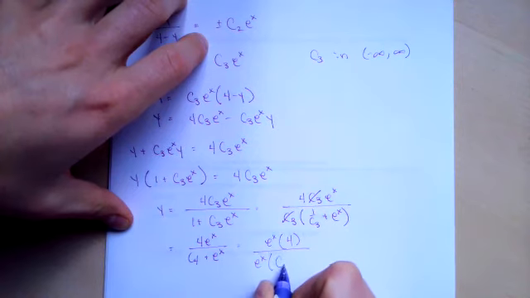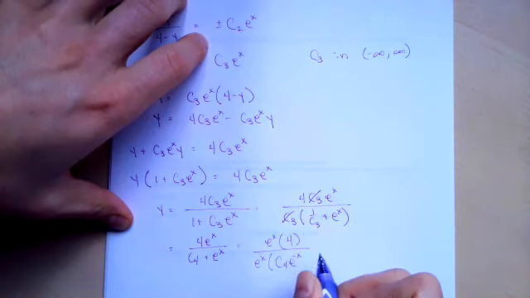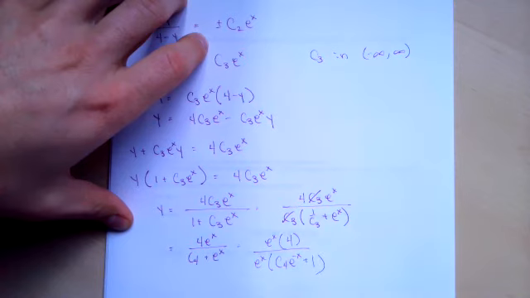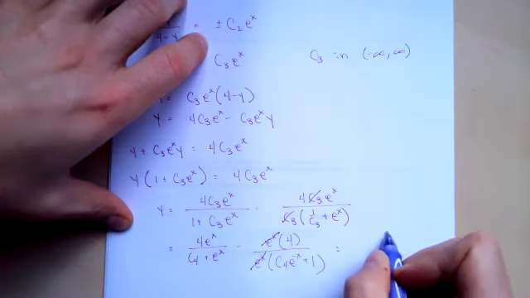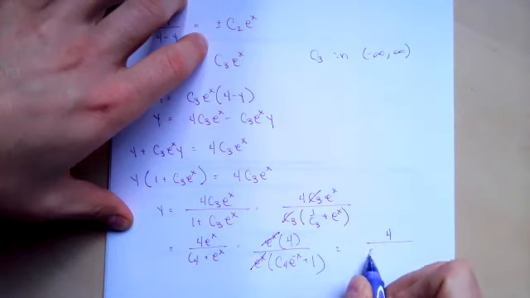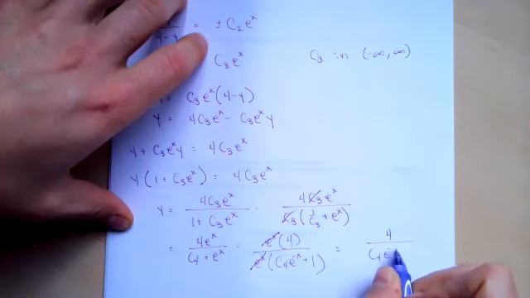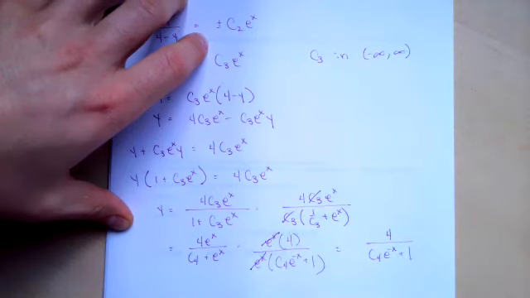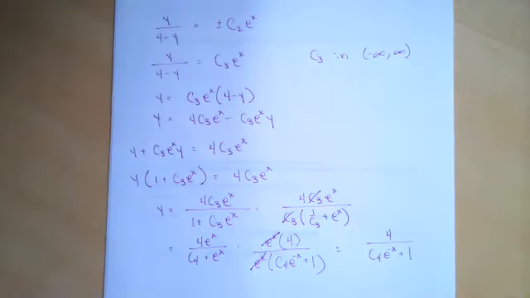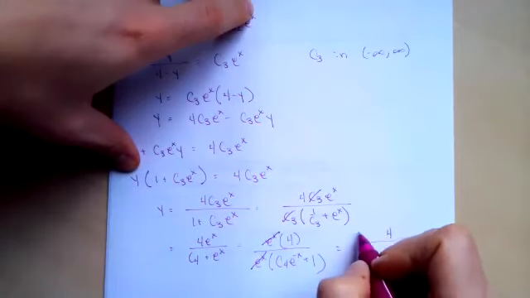And so it'll be C4 e to the minus x plus 1. And now these e to the x's can cancel. And so we get 4 over C4 e to the minus x plus 1. Any of those forms are good solutions.